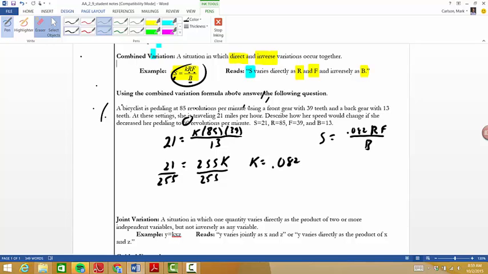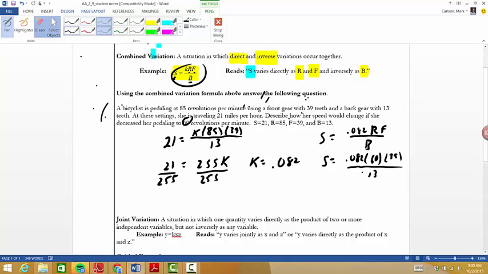Alright, so let's plug that information in to get our speed. Speed would be equal to 0.082 times the revolutions, which is now 60, times everything else stays the same, so the front teeth would be 39 and the back teeth would be 13.